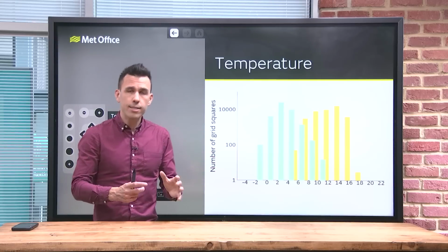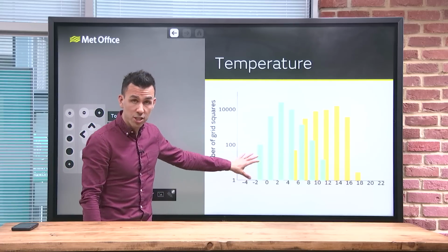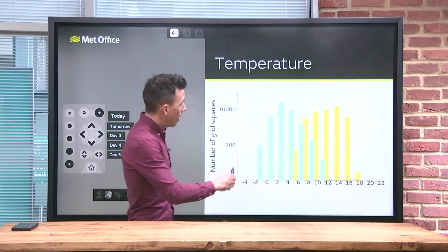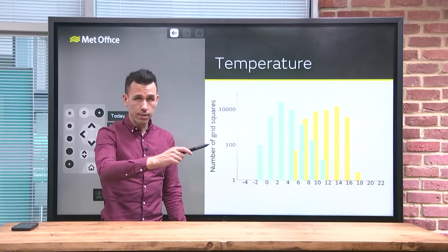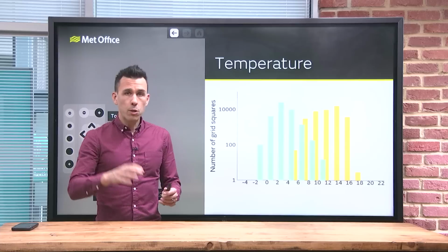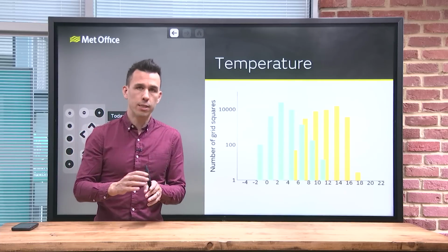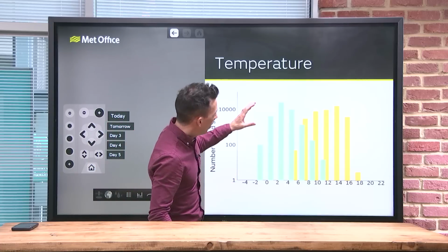And you can see, this is useful to see the extremes. So some grid squares as low as -1, -2 degrees, but not many. Other grid squares, quite a number of them, are in the mid-single figures on Wednesday morning. By the way, I've also limited this to everywhere below 200 metres, so it's not sampling hills and mountains, just to make it a bit clearer.